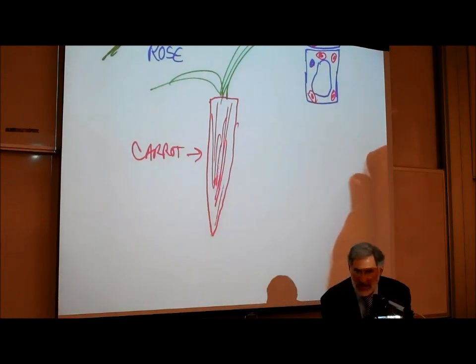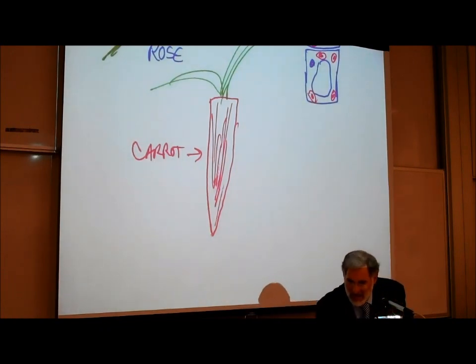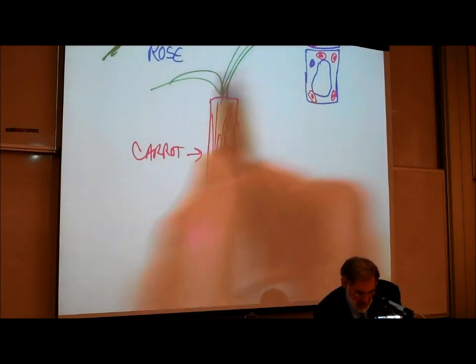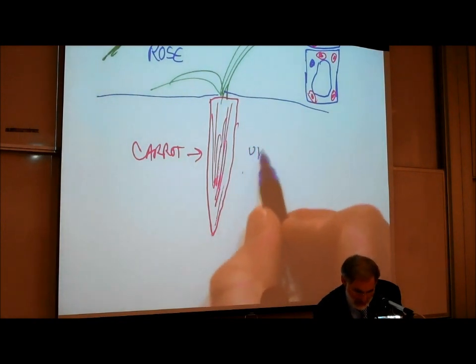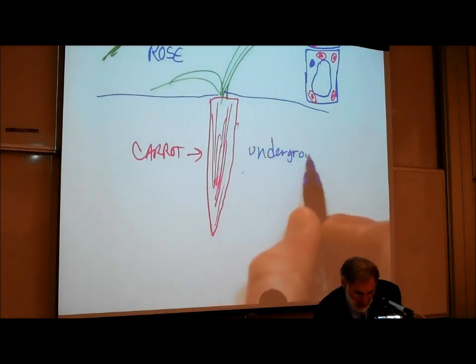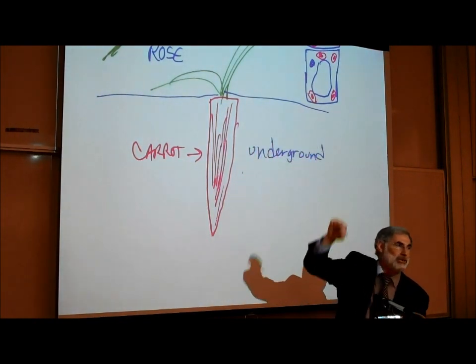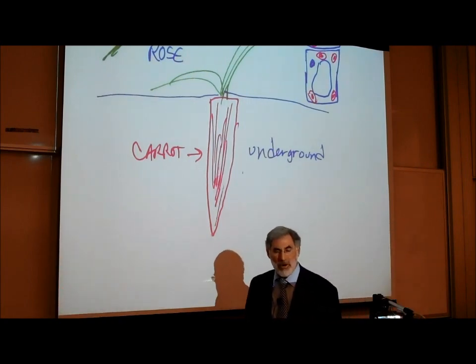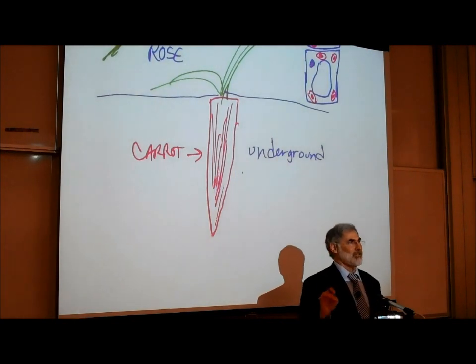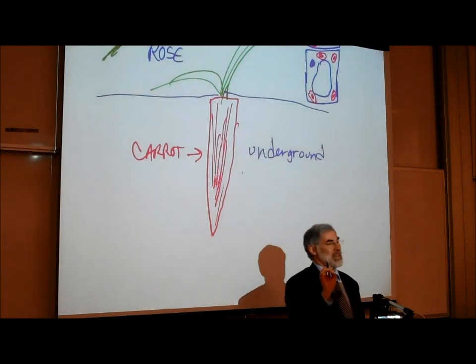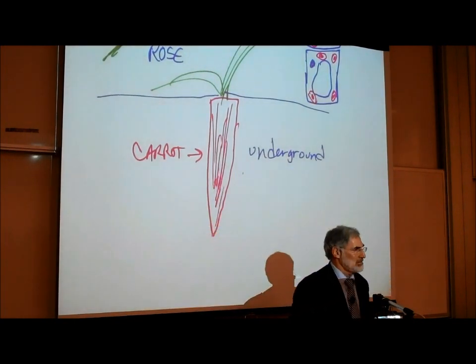Why doesn't the carrot, that part of the plant, contain green chloroplasts? Because this is part of the root, and it's under the ground. If you've ever grown a carrot, you've got to pull it up out of the dirt. So if the purpose of chloroplasts is a process called photosynthesis, you can't have a lot of photosynthesis without sunlight under the ground.